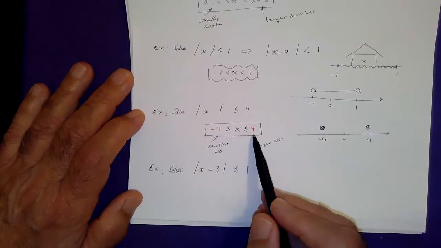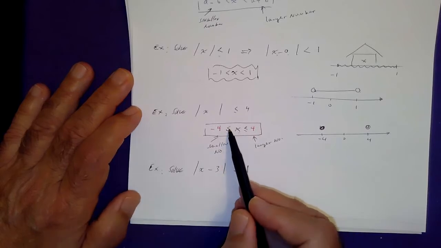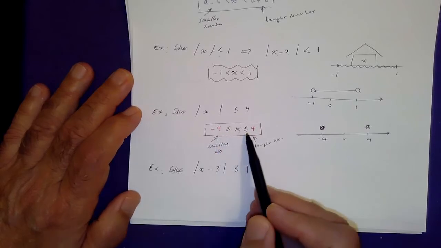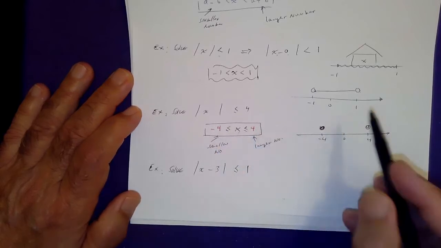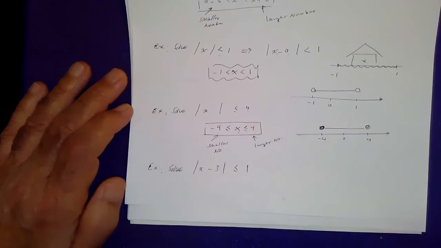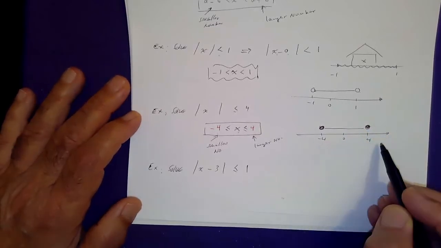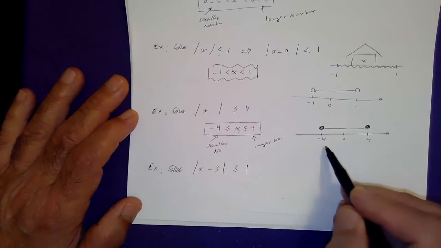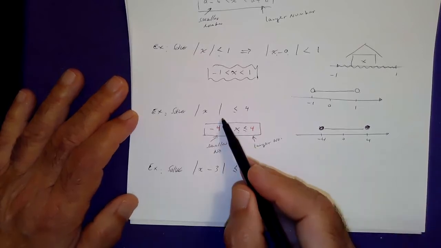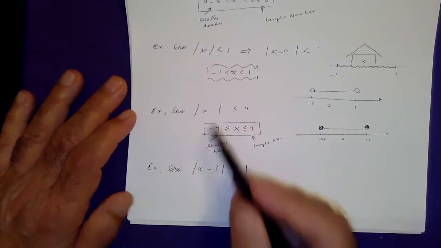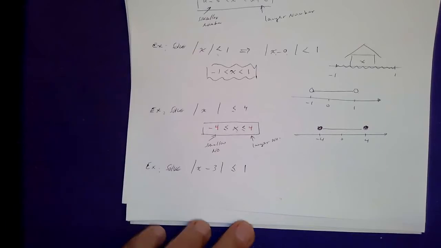The way you read this is, x is greater than or equal to -4, but less than or equal to 4. So you need to connect the dots. Do you see it? So any value between -4 and 4, including -4 and 4, is the solution of this inequality.